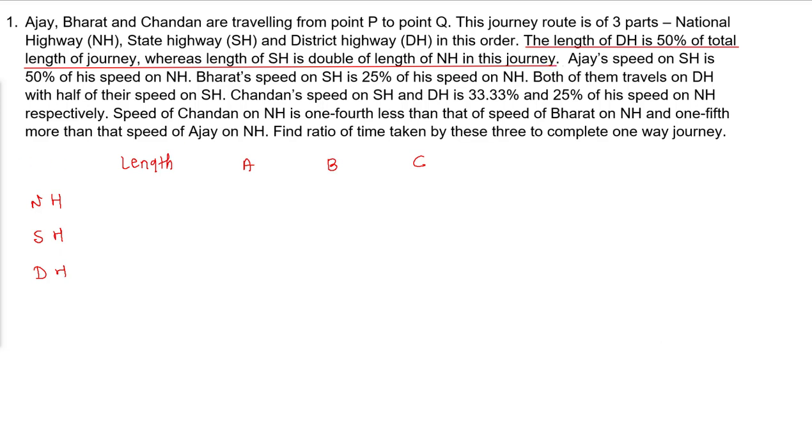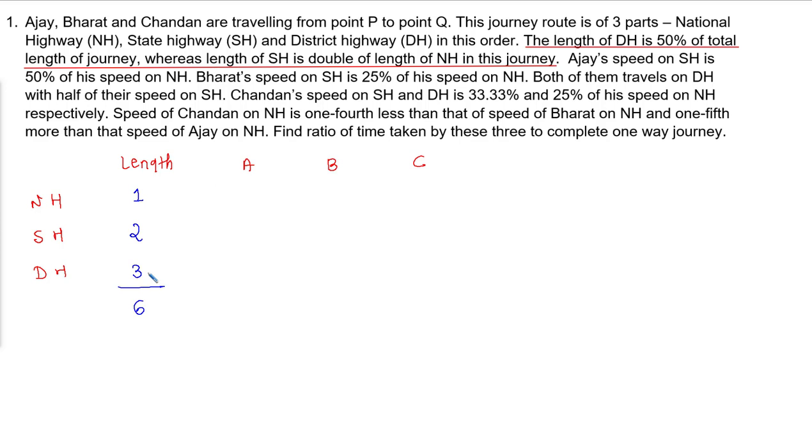So if I assume length of NH to be 1 unit, then the length of SH becomes 2 units. And the length of DH is 50% of the total length of journey. This statement is as good as the length of DH is equal to length of NH plus SH. That is equal to 1 plus 2, 3. So the total becomes 6. And DH is half of 6.